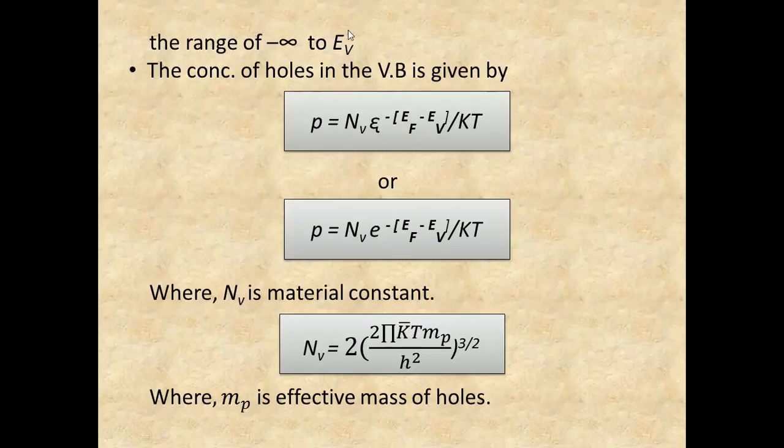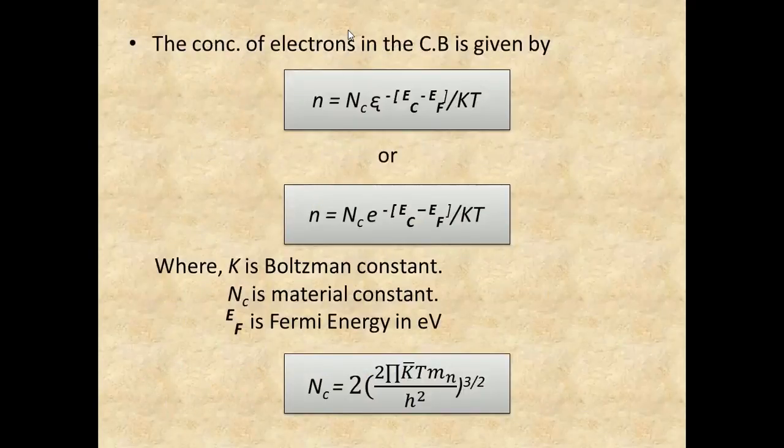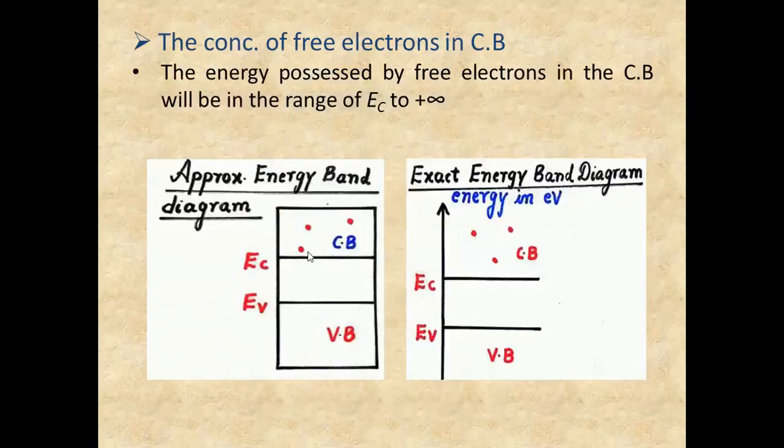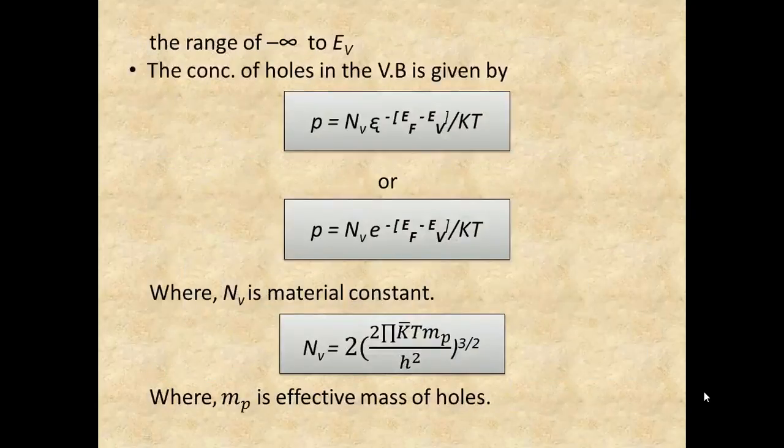If you refer to your previous diagram, it goes from minus infinity to E_V, which means whatever is present will be in the lower section, not in the upper section this time. I haven't repeated the diagram again, you can refer to your previous diagram.